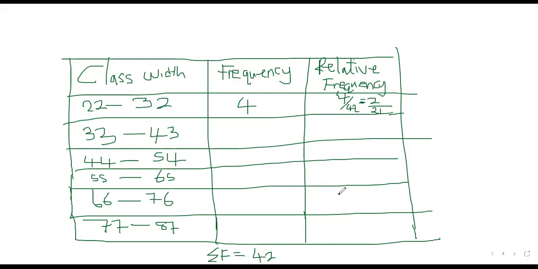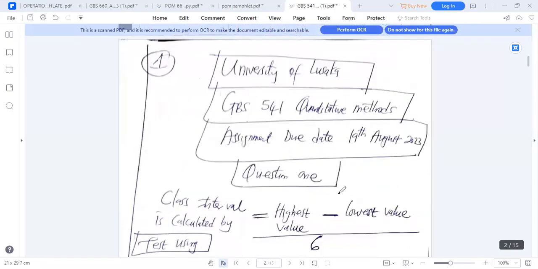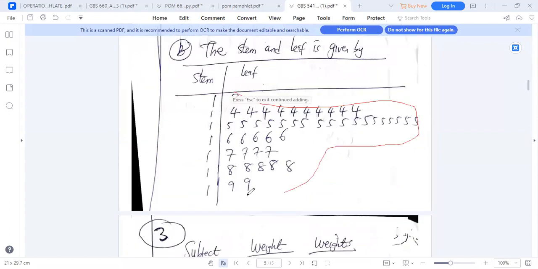So this is how we are getting down to this stem and leaf. It's just a matter of counting all these values properly. Then we get to the stem and leaf this way.